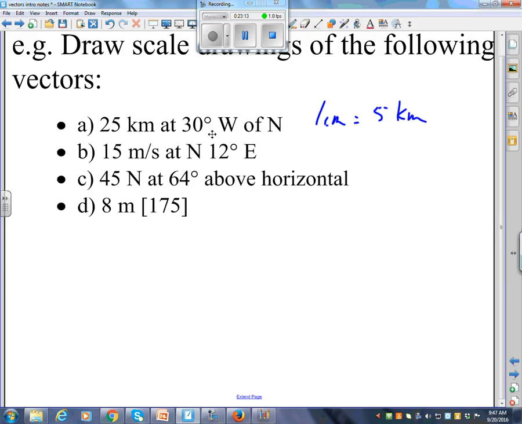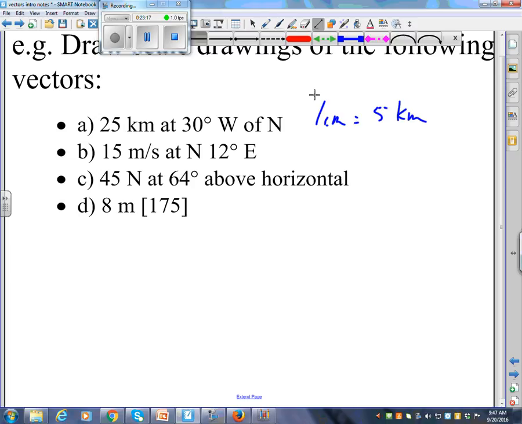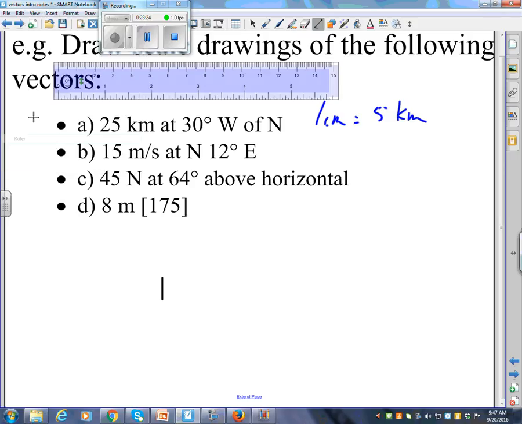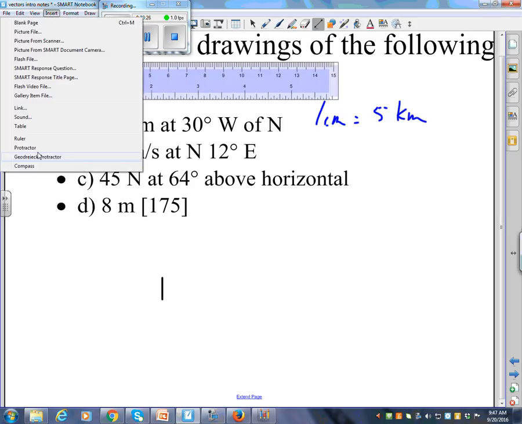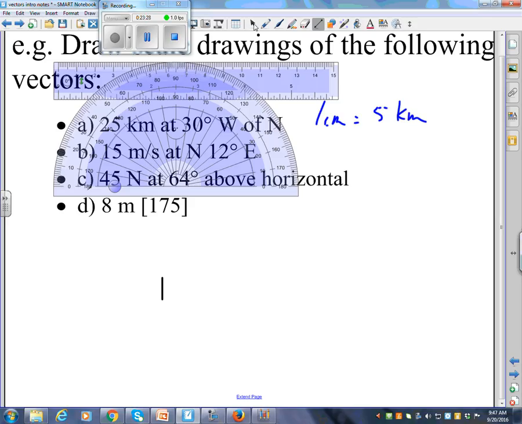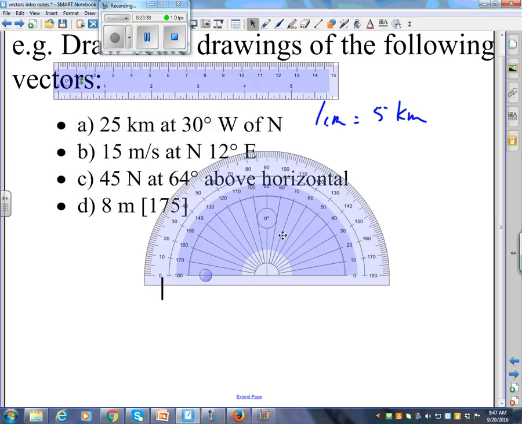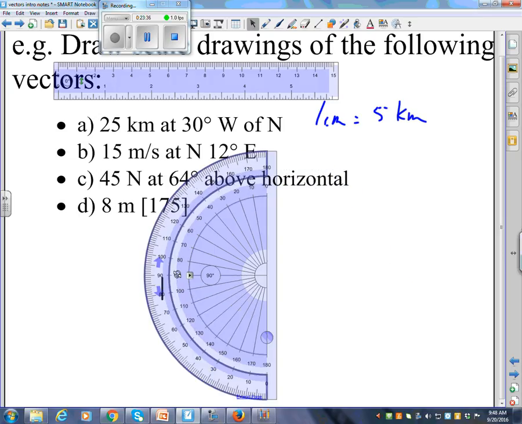We got 30 degrees west of north. Draw your reference line. North. I need my ruler. Where'd it go? I need my protractor. Okay, so 30 degrees west of north. So starting from north, it's much easier to do on paper, by the way.